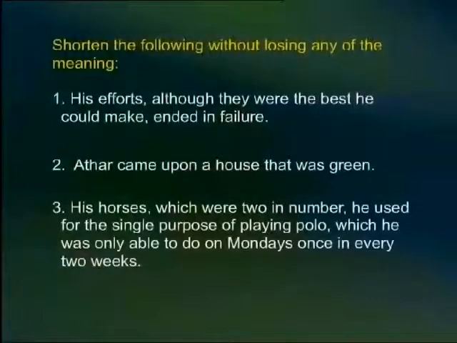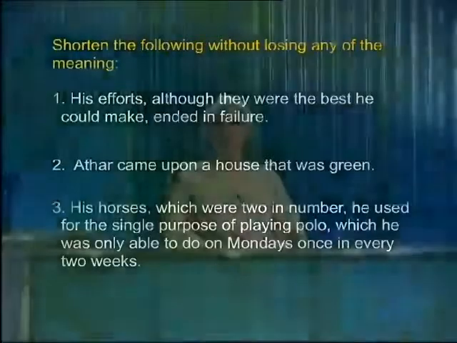Number 3. His horses, which were 2 in number, he used for the single purpose of playing polo, which he was only able to do on Mondays once in every 2 weeks. Now, a number of things are being said over there.